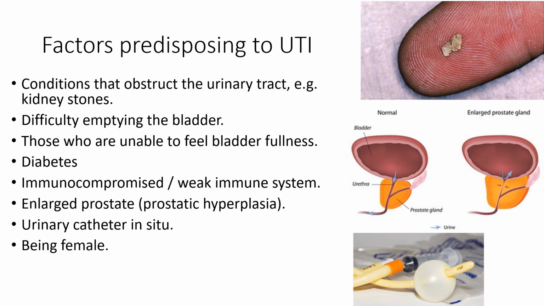Being female, unfortunately, increases your propensity for urinary tract infections, and increased sexual activity as well. In females more than males, but nonetheless it can occur in males as well. There's a phenomenon called honeymoon cystitis.